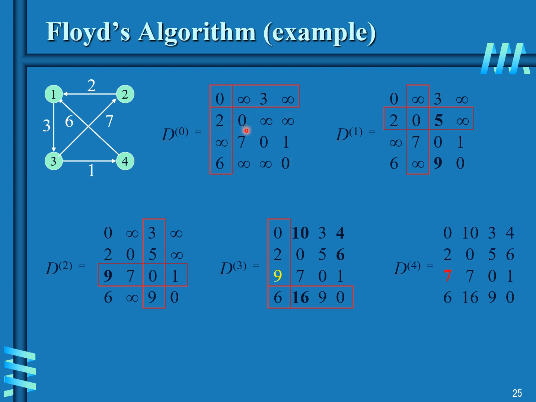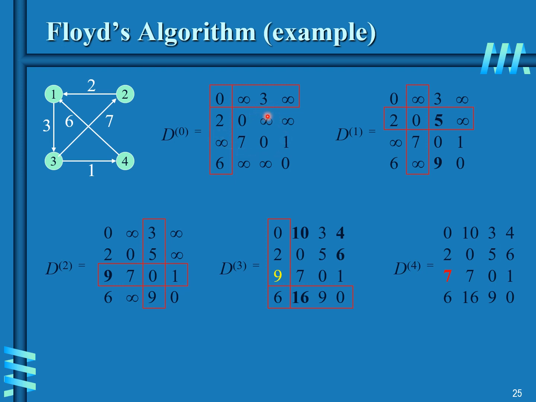When you come to a value, you look at the value in its boxed row and boxed column. If you are modifying this row, for example, you cannot modify this because it is 0. When you come to this infinity, listen: the corresponding value in its boxed row is 3 and its boxed column is 2. You add these two values, so 2 plus 3 is 5.